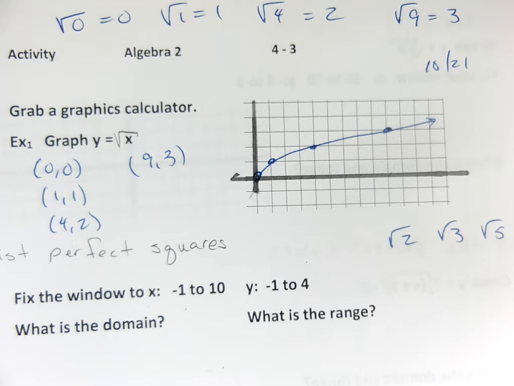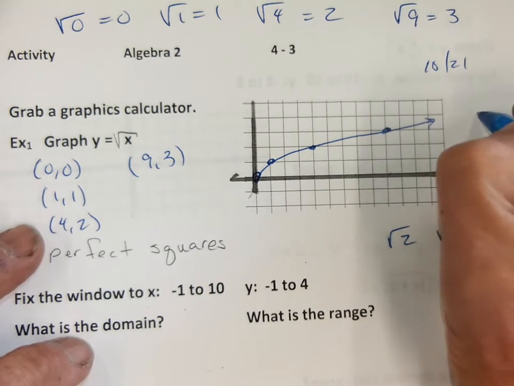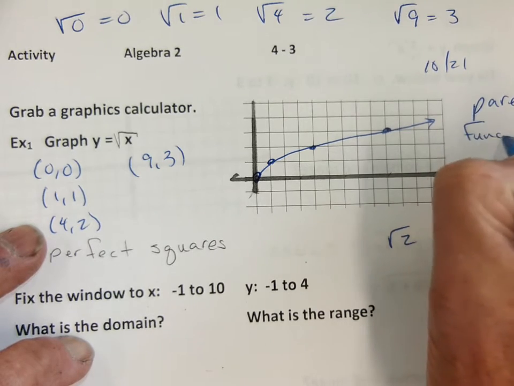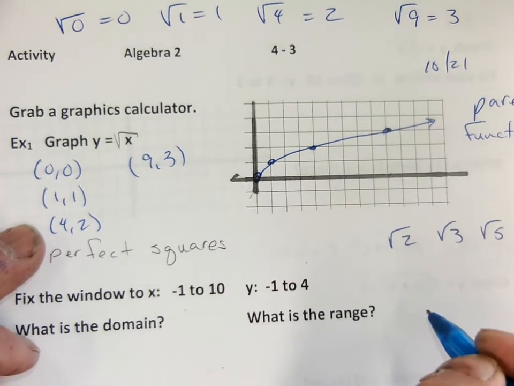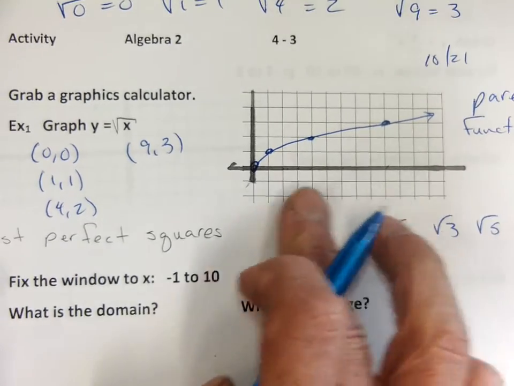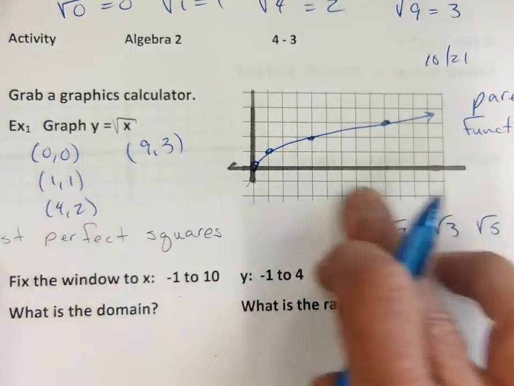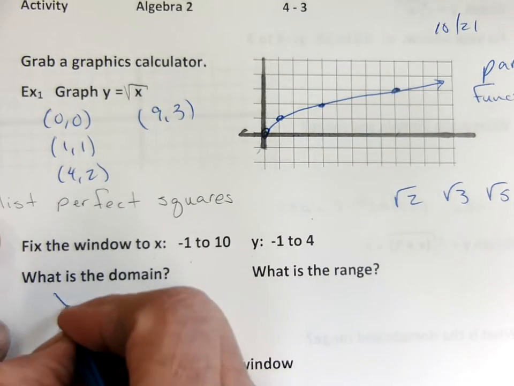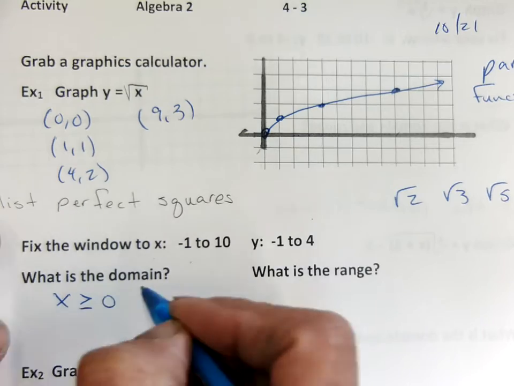Now, that's our parent function. And what we want to do today is we're going to move it, we're going to flip it, we're going to do all that fun stuff, but this is our parent function. And then the domain. Domain is how wide, or the x values. Our domain has to be x is greater than or equal to 0.